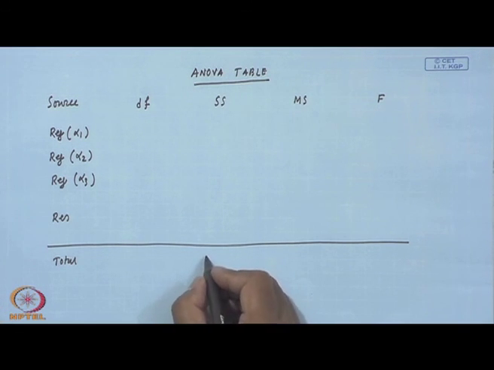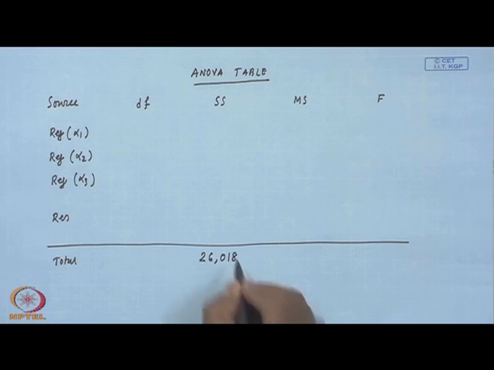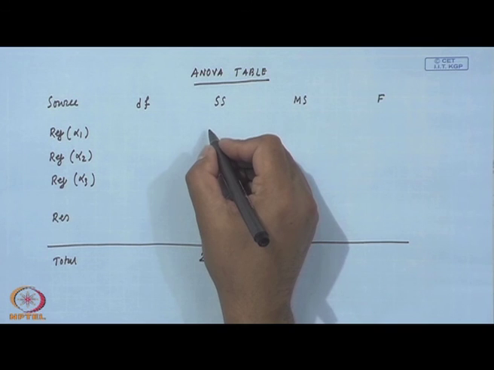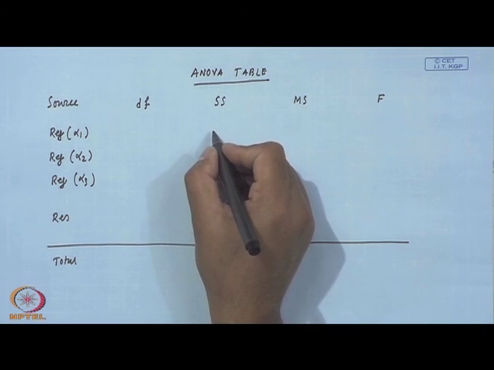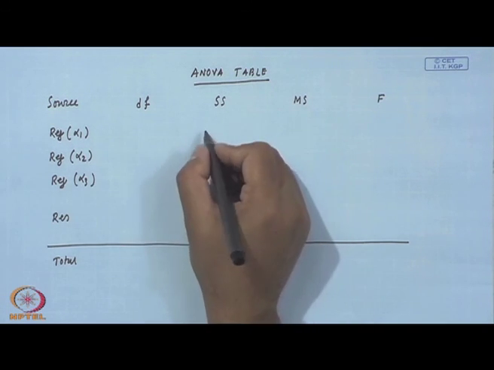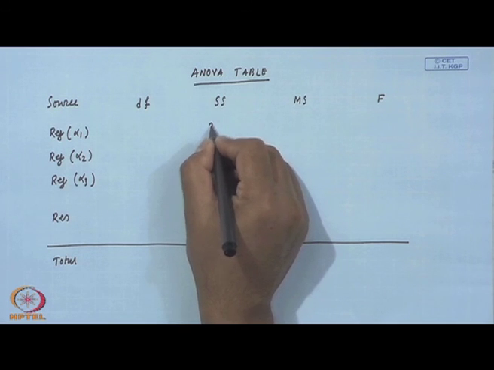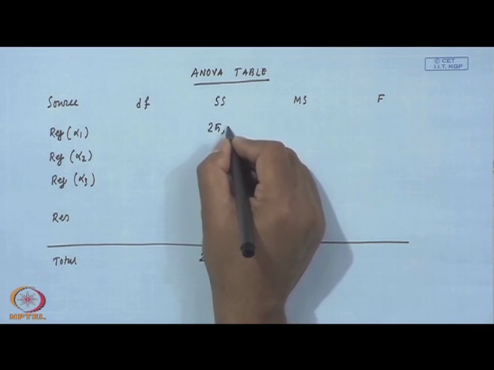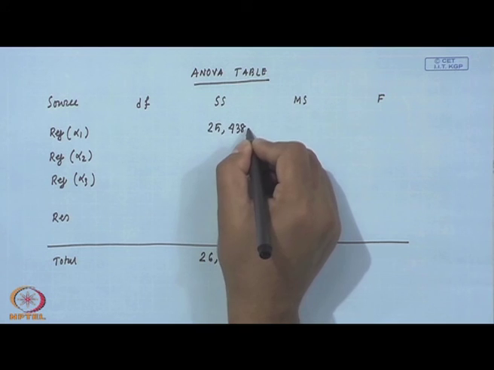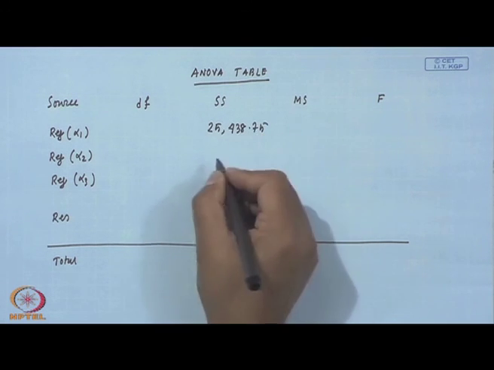The total SS we computed is 26,018, and SS regression due to alpha 1 is 25,438.75.